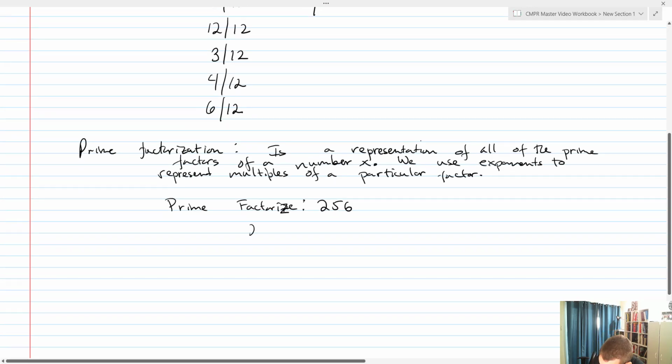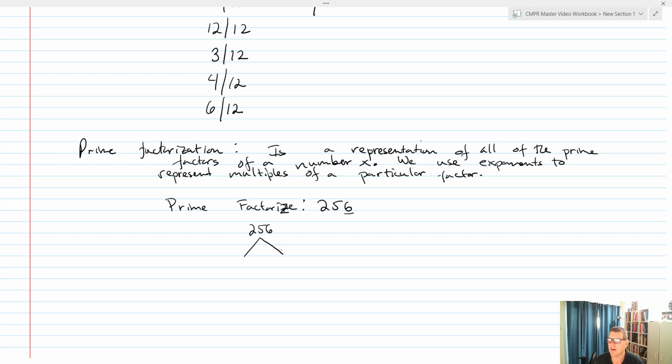I can see that it's even, and since it's even, that means I can divide it by 2. All right? So your factor tree is going to just divide through by integers until you can divide by nothing else other than 1, until all of the things at the end of each branch of the tree are primes. So this gives me 2 times 128.